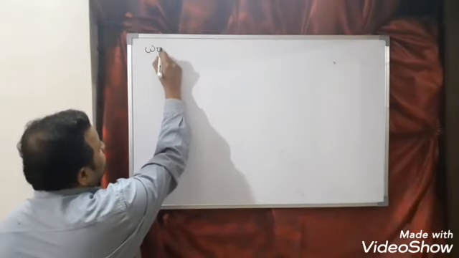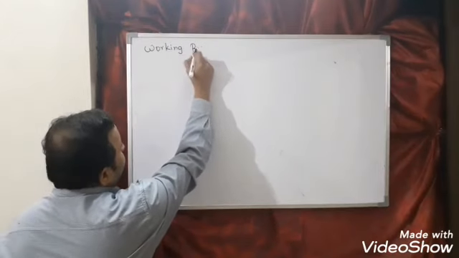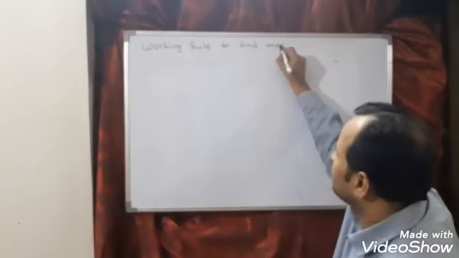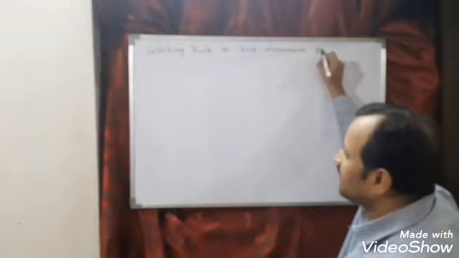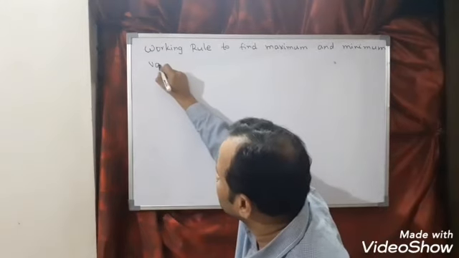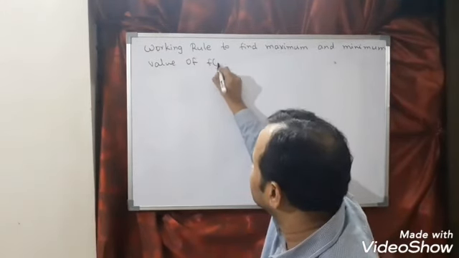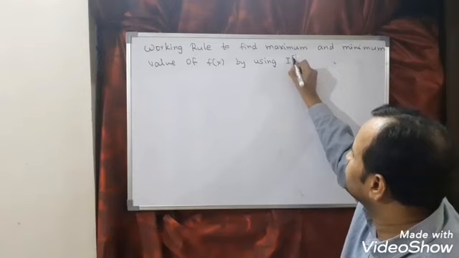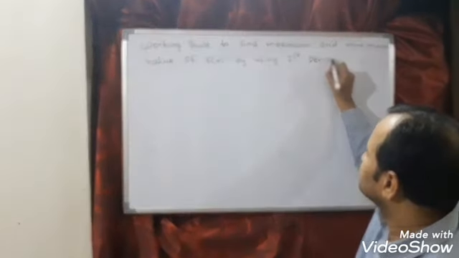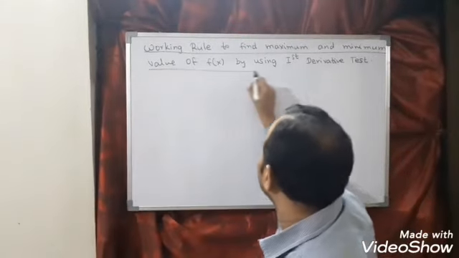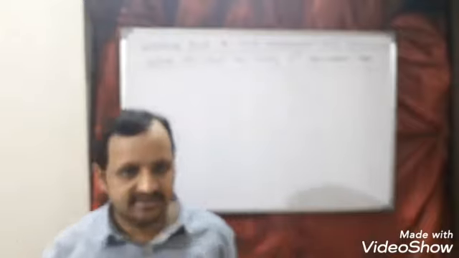So the next point is the working rule to find maximum and minimum value of f of x by using first derivative test.